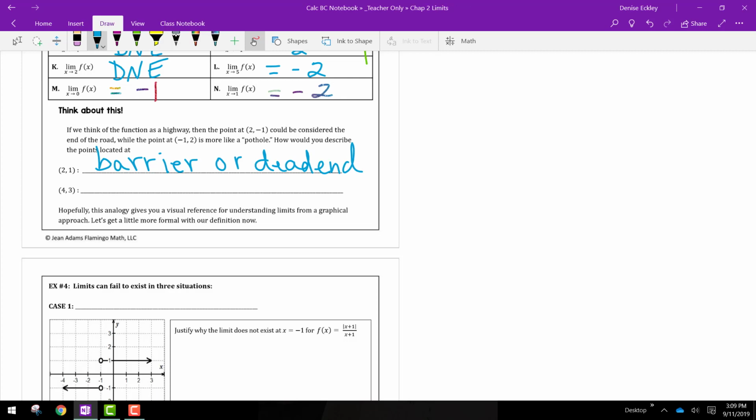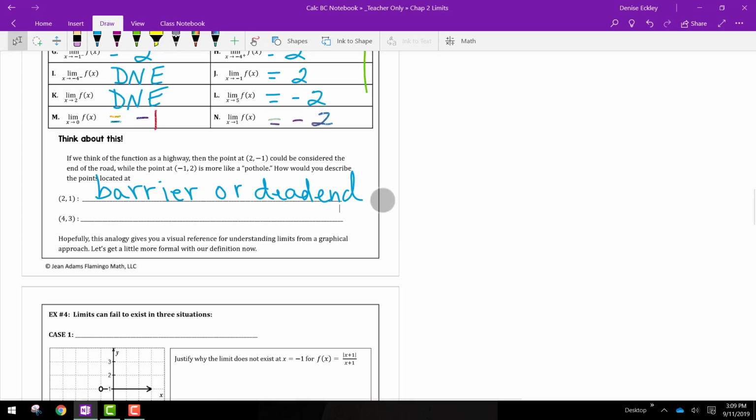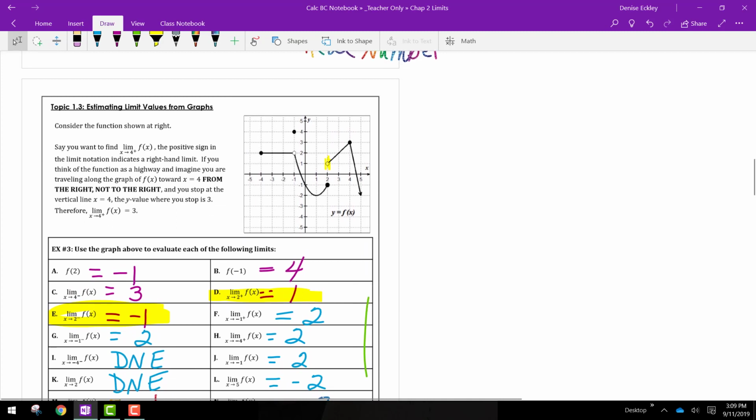Take a moment and see in terms of road nomenclature what you would consider that point. (4, 3). So that is here.